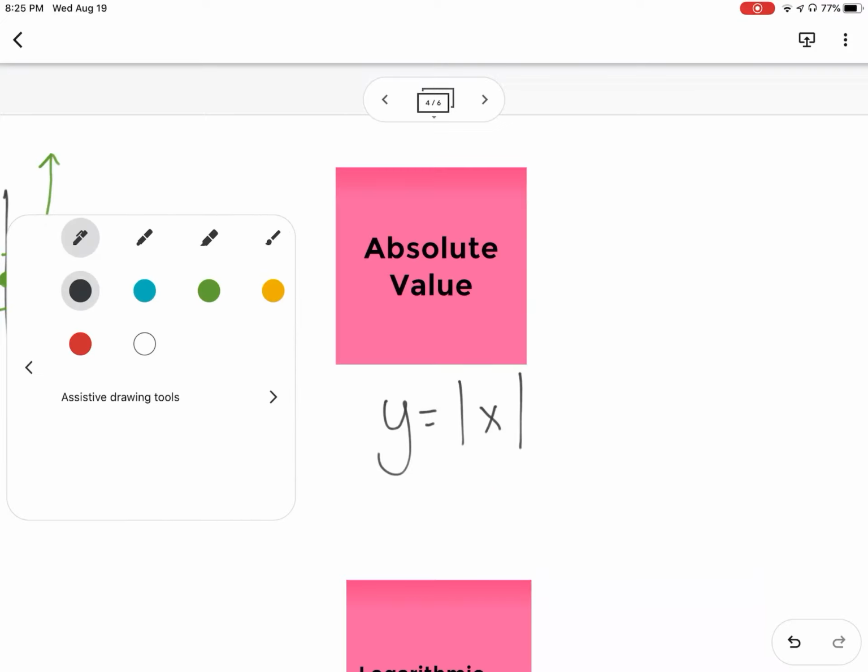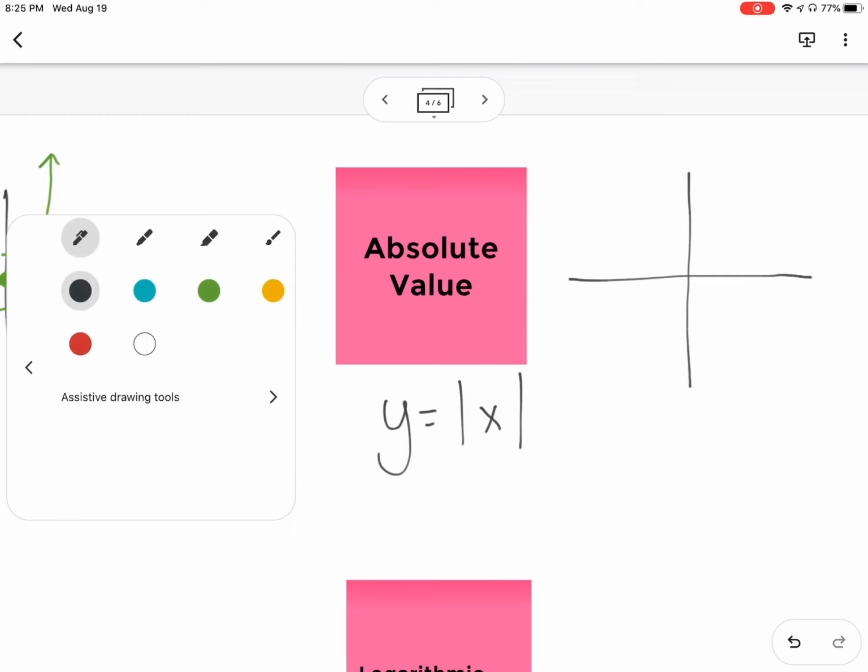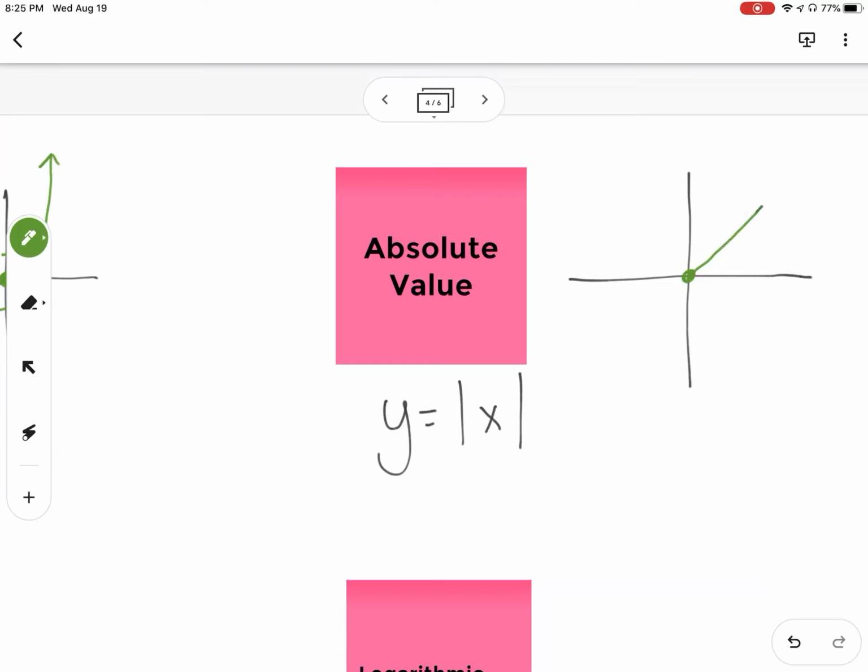So when we do the graph of this one, remember y equals x without it was our linear function, did this, but that other half that was supposed to go this way, because this turns it positive, this graph is actually going to go up in the positive direction. Make a V shape. Absolute value will always be a V shape. V for value. Good way to remember that one.